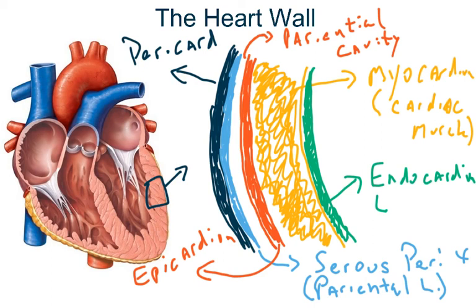And this is the layer that you see in a lot of these graphs, right? The endocardium is that innermost layer that's inside the ventricles and in the atria as well. So all of this that we see here in our models, right? That's the endocardium.